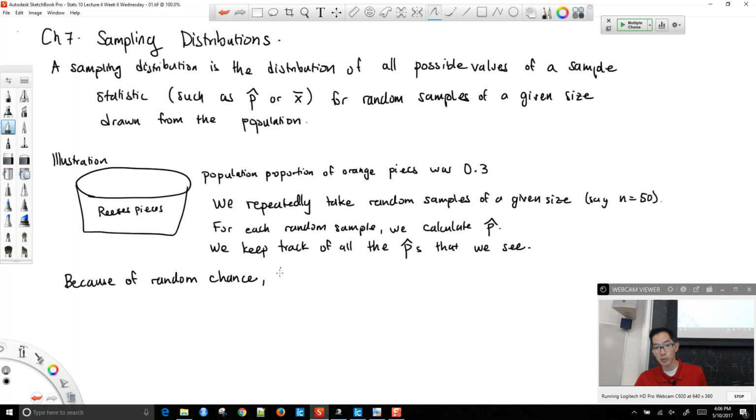Because of random chance, p hat can be larger or smaller than 0.3.